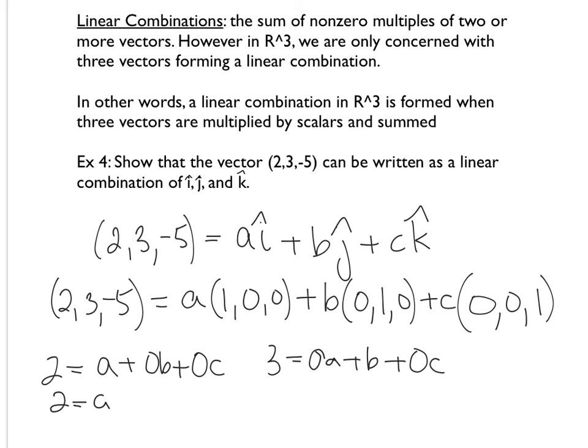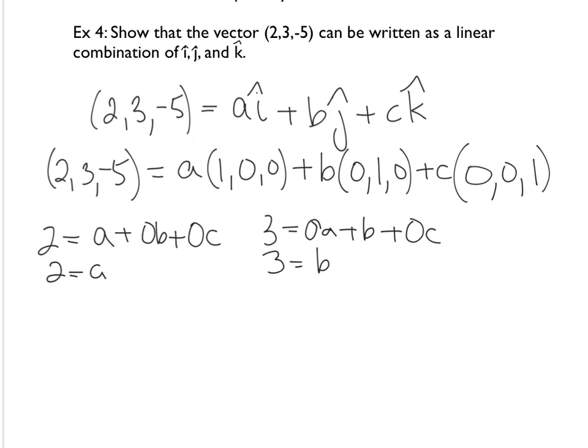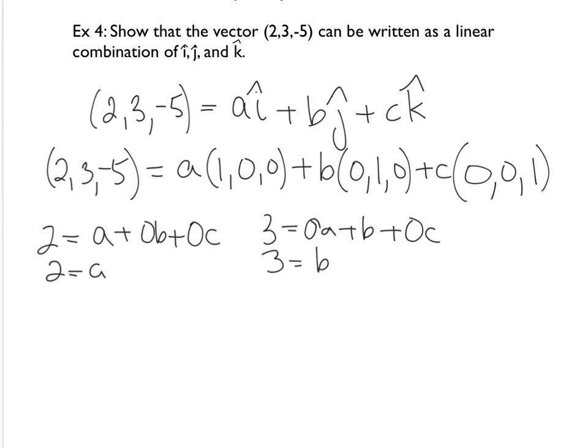So then 3 is equal to b. And our third equation is negative 5 is equal to 0a plus 0b plus c. So obviously negative 5 is equal to c.